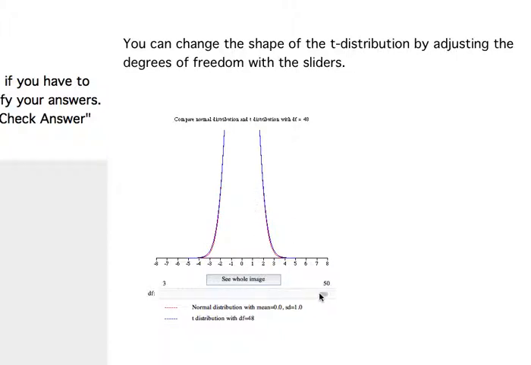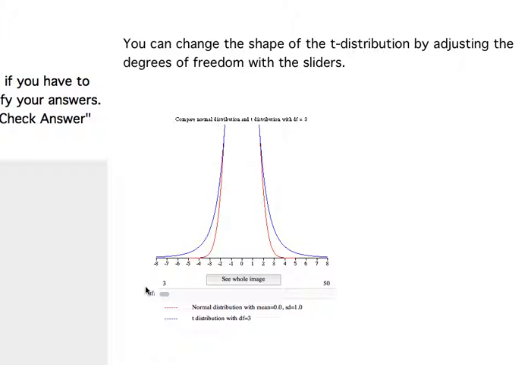So here, now that DF is 48, you can hardly tell them apart. Let's see what happens as I make them smaller. You start to see them come apart. You can see this distinction there.